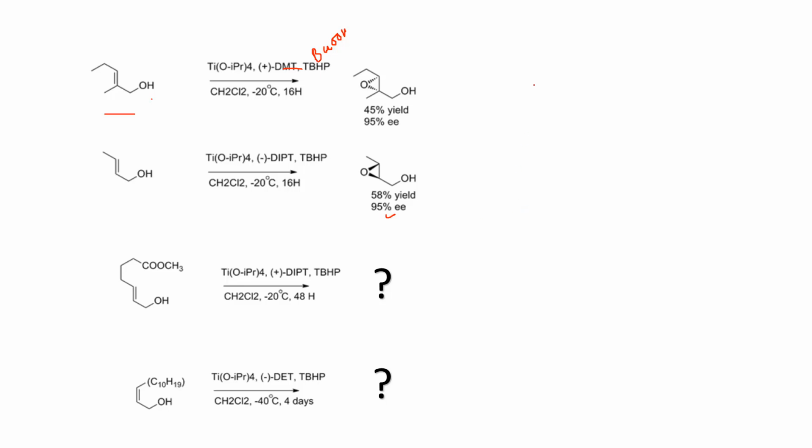Suppose you draw the allylic alcohol in this way, how I am showing, where this allylic alcohol will be in the right side, right above.